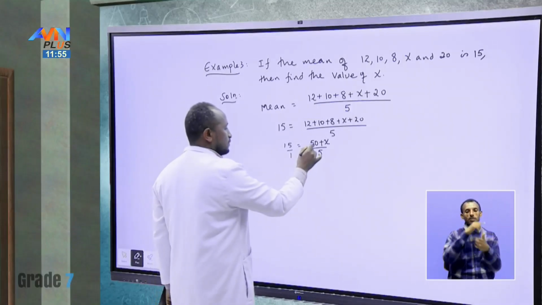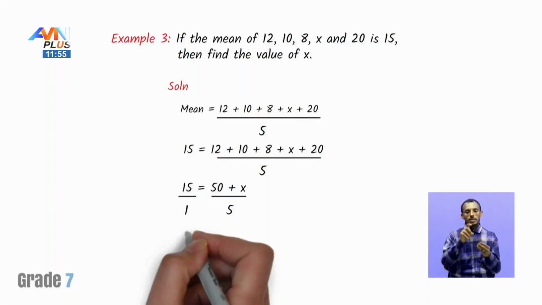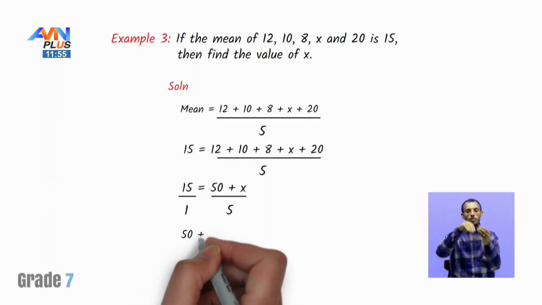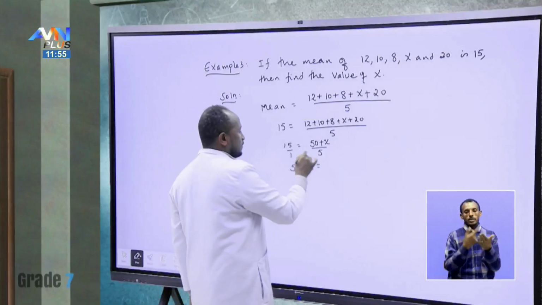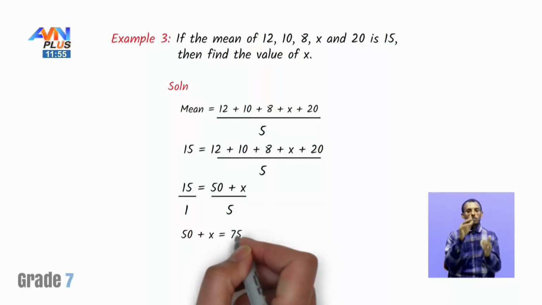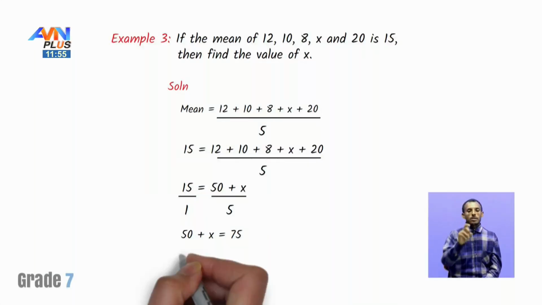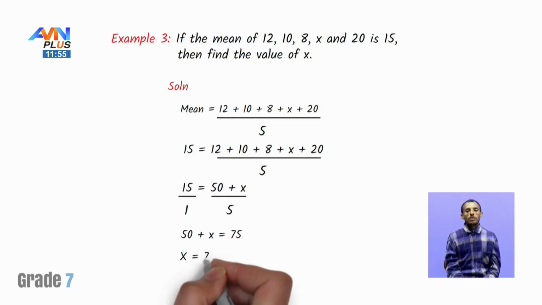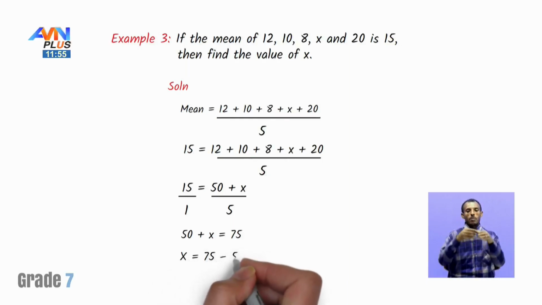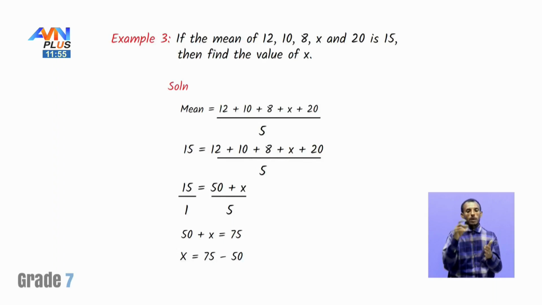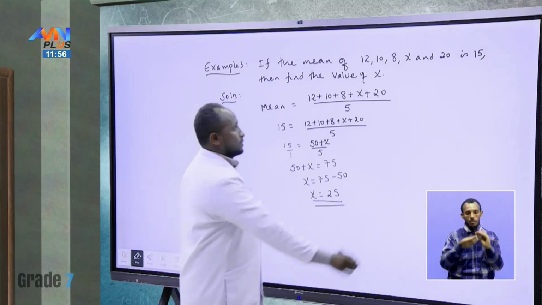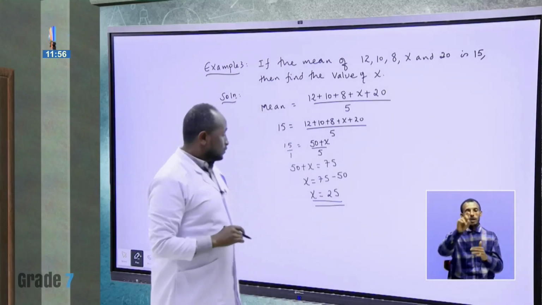Therefore, 50 plus x times 1 is 50 plus x, and the product of these two gives you 5 times 15 is 75. Therefore, x is equal to 75, and move 50 to the other side, it becomes minus 50. So, x is equal to 75 minus 50, it is 25. Therefore, the unknown value x is 25.